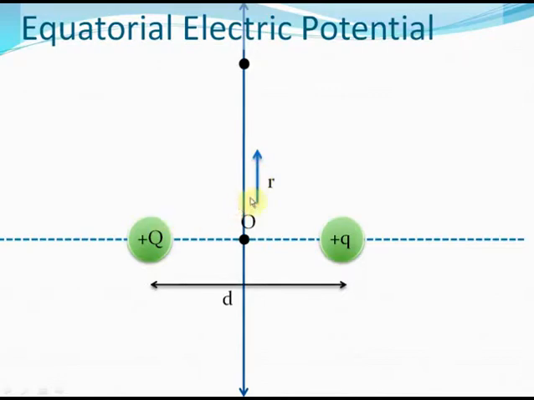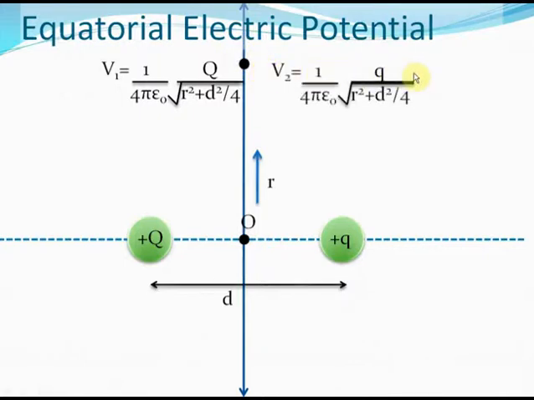The electric potential due to the plus capital Q charge will be 1 by 4 pi epsilon naught into Q by square root of r square plus d square by 4, isn't it? Similarly, the net electric potential due to the small plus q charge will be 1 by 4 pi epsilon naught into q by square root of r square plus d square by 4.